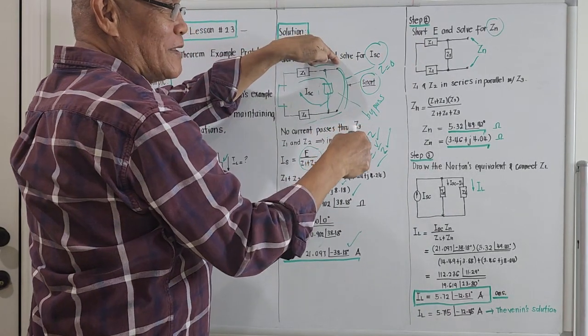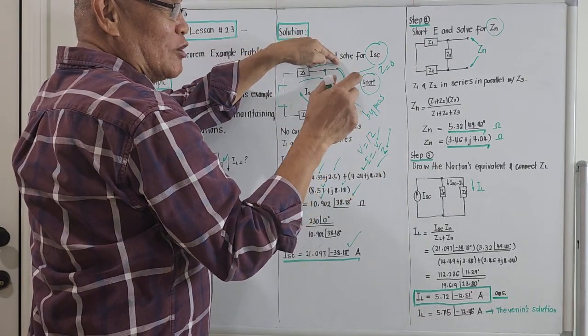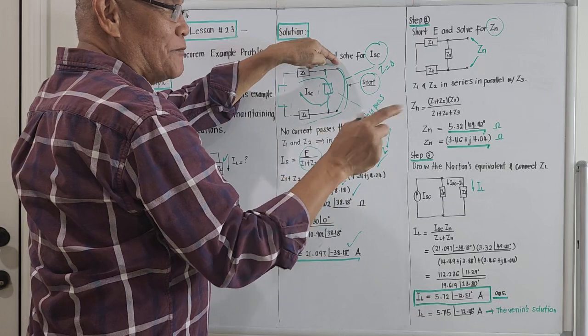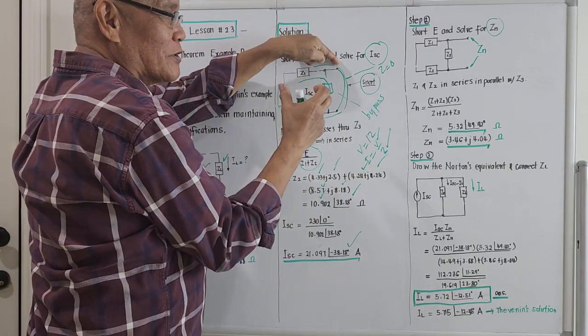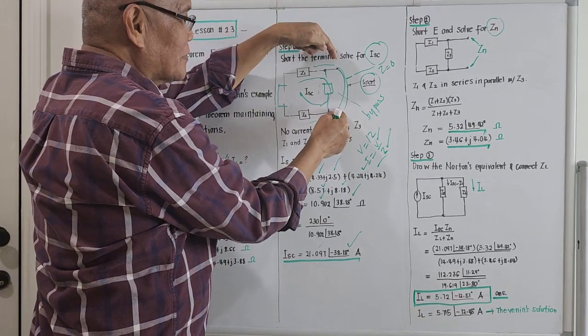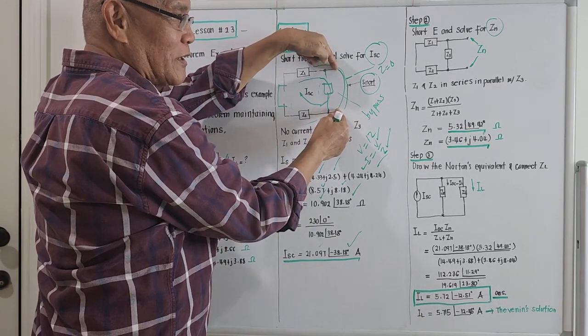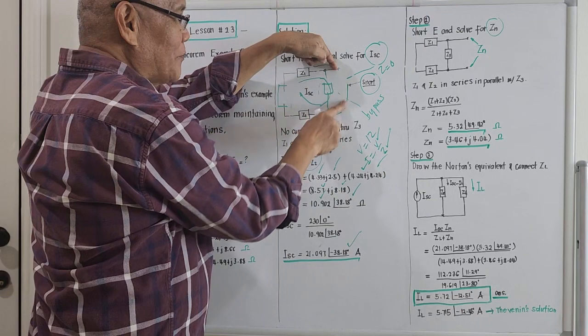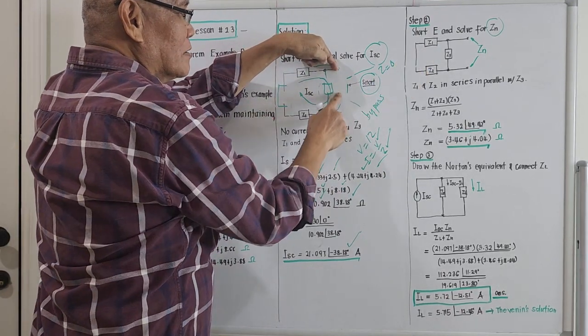For both Thevenin's and Norton's, in the computation of the open circuit impedance, we short out any voltage sources inside. Then compute the impedance across this terminal here. It's open circuit already for the computation of the impedance.